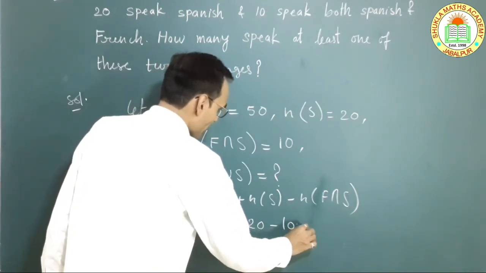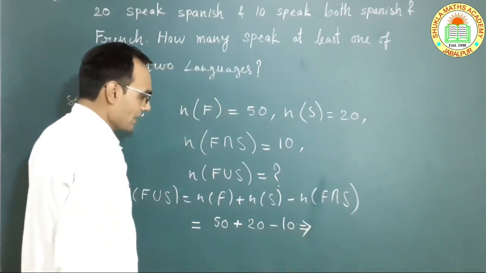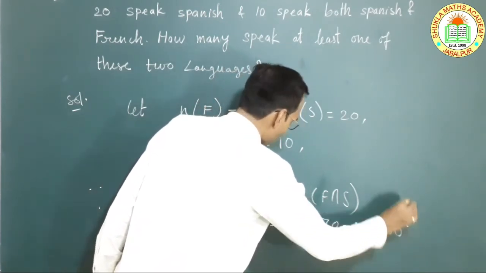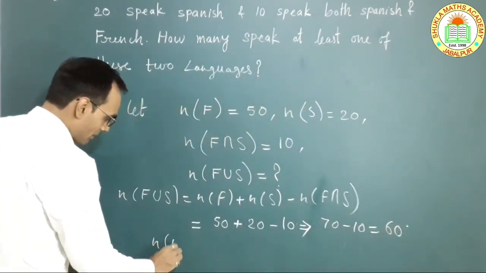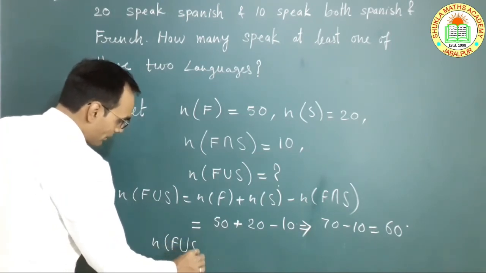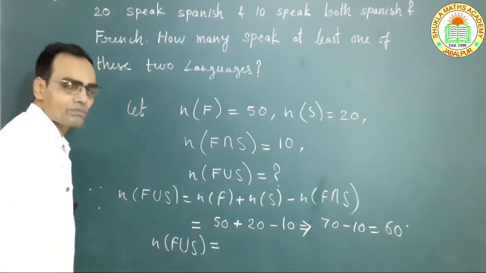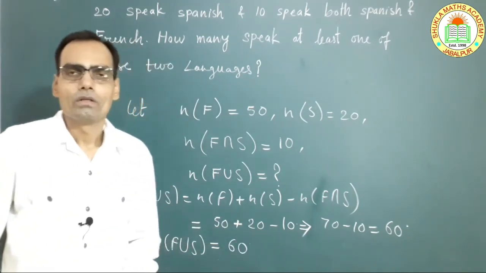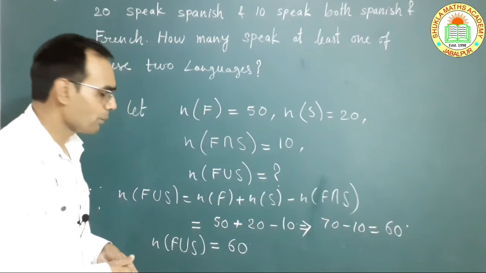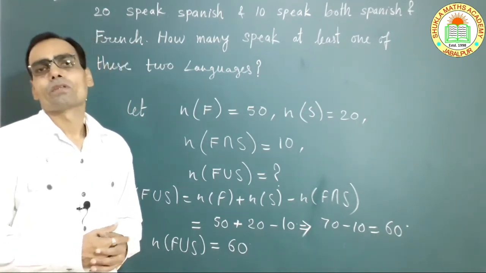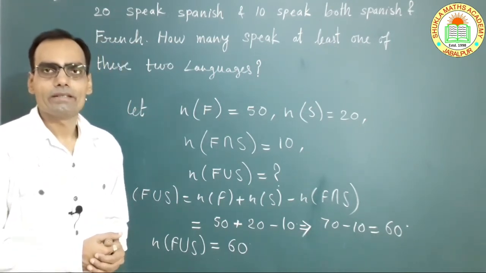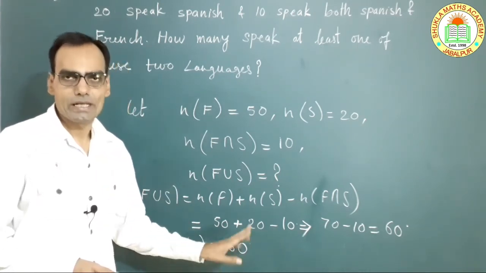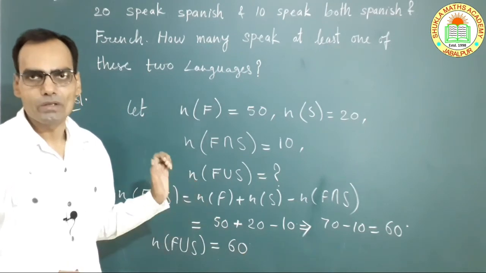So we get 50 plus 20, that is 70, and 70 minus 10 we get 60. So we can say that the number of pupils in the community who can speak at least one language, French or Spanish, is 60. So that is our required answer of the problem.